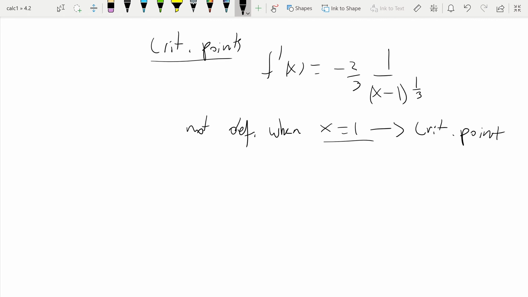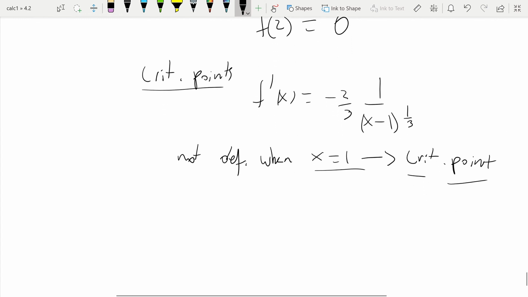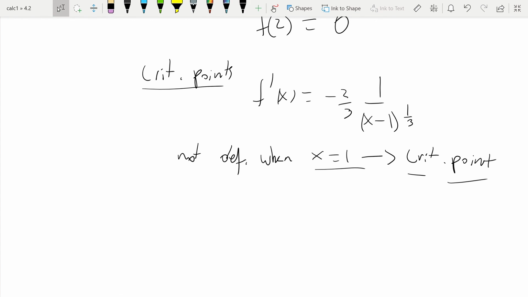And again, as I said, when the derivative is not defined, that is also a critical point. So not only when f prime is equal to 0, but when the derivative is not defined as well. Here we don't have points where f prime is equal to 0. There's no value of x that would make this expression equal to 0.